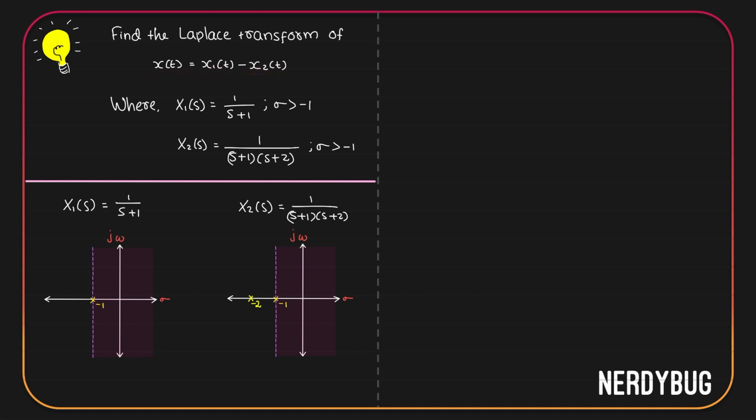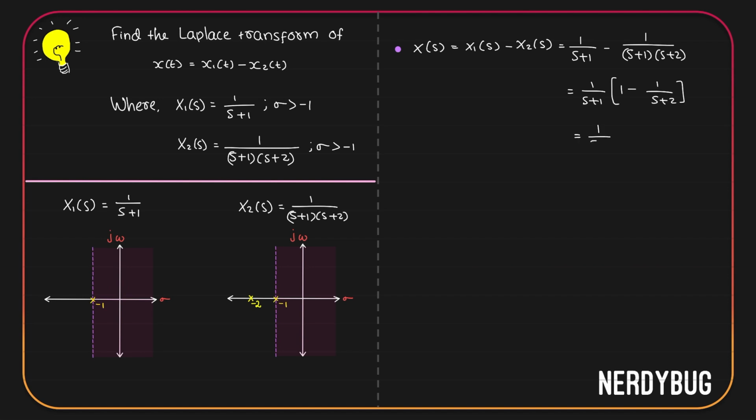So using linearity property we can write x of s will be x1 of s minus x2 of s. That is 1 by s plus 1 minus 1 by s plus 1 multiplied by s plus 2. Let us take 1 by s plus 1 as common. So 1 by s plus 1 multiplied by 1 minus 1 by s plus 2.